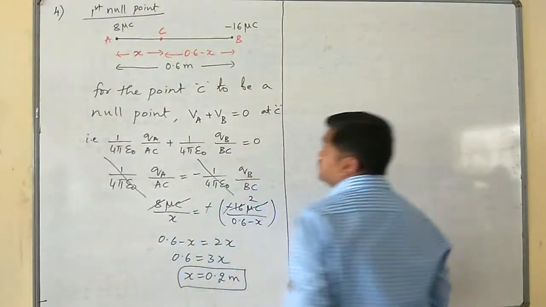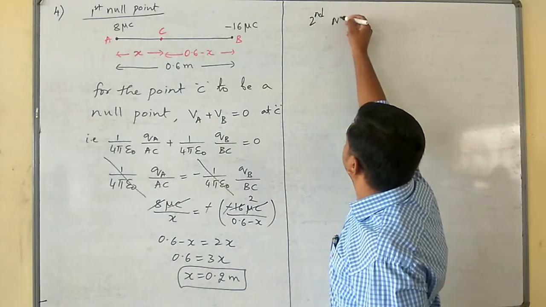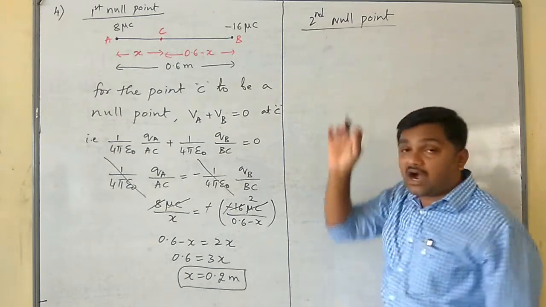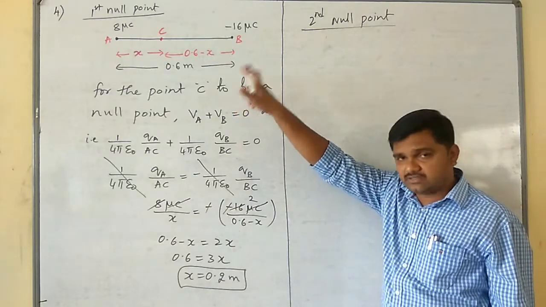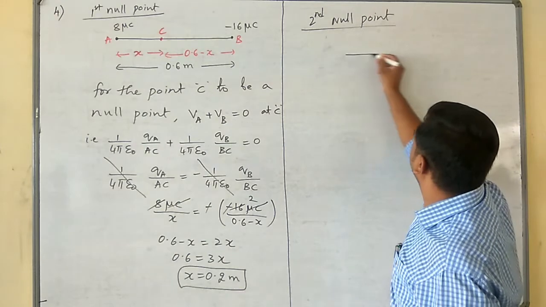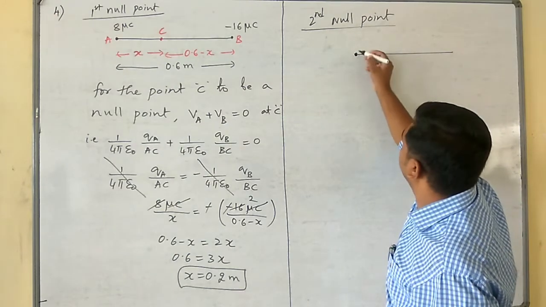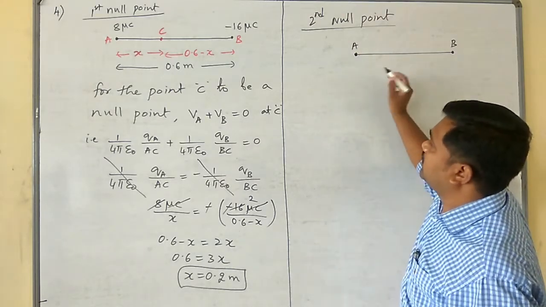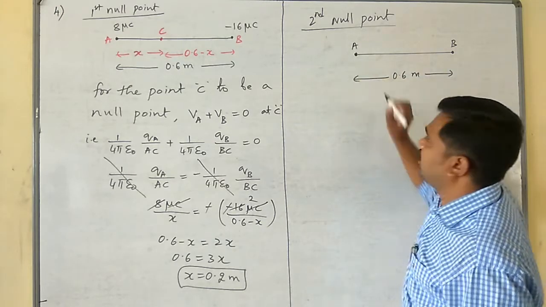Next, similarly, how to find the second null point. The second null point always lies outside the two charges but nearer to the smaller charge, I mean smaller in magnitude. I will write that same set of charges, same points A and B, separated by a distance of 0.6 meter as they have given.